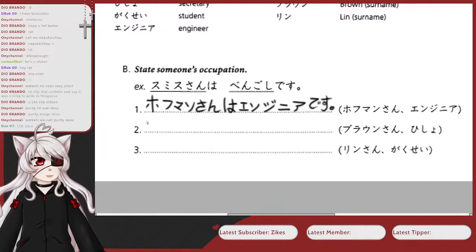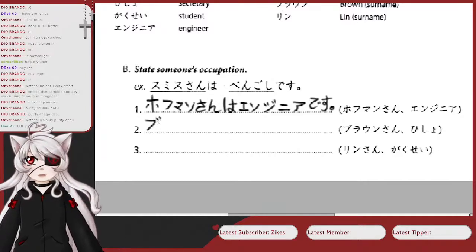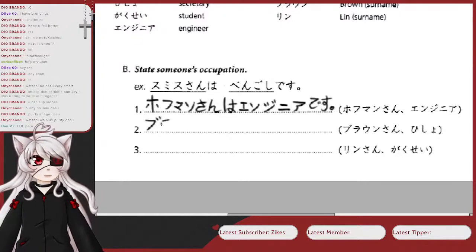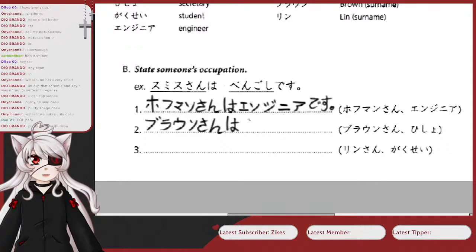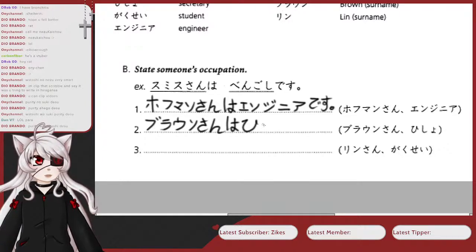And then we got Brown, Sam, wa, and she is a secretary.